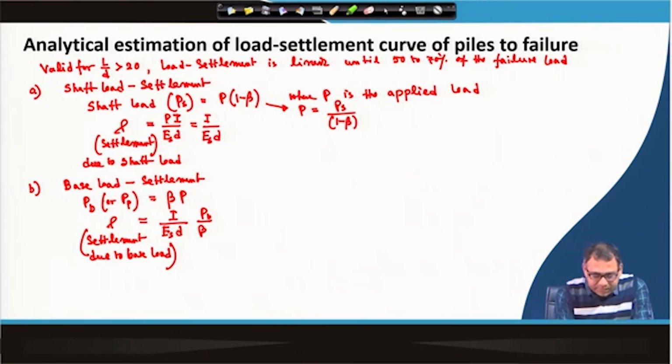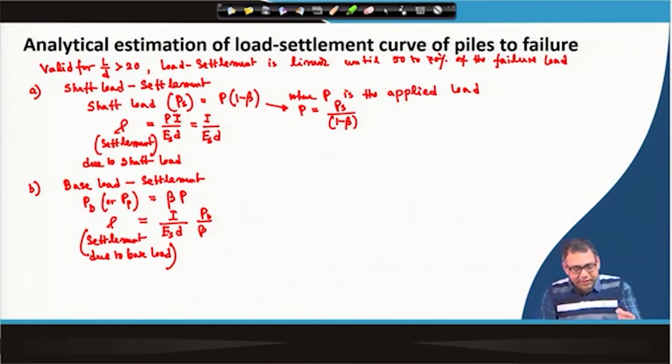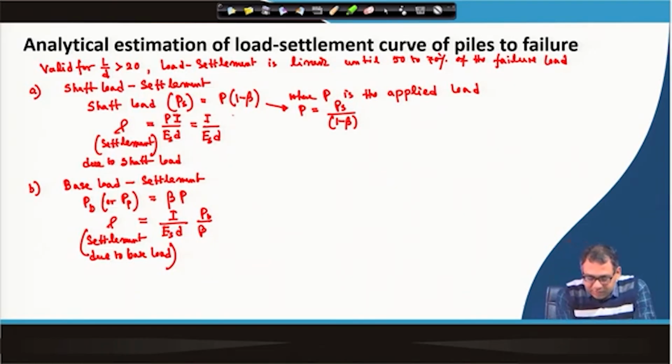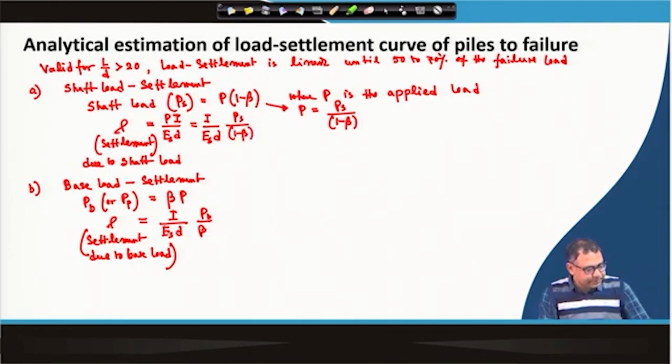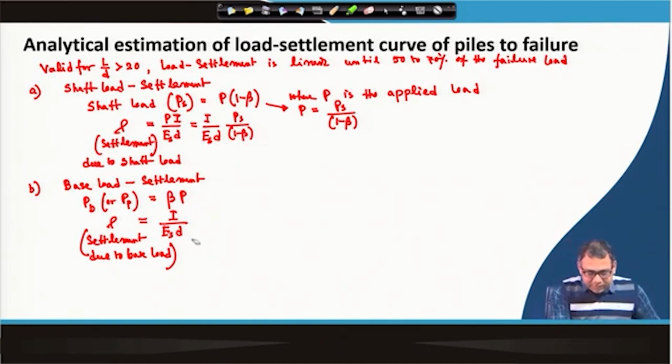Because the equation is given, the settlement is P I by E_s D, this P we are replacing with Ps over (1 minus beta). Similarly, here also this is P I by E_s D, so that P we are replacing with Pb, so this will be I by E_s D, and this will be Pb divided by beta.